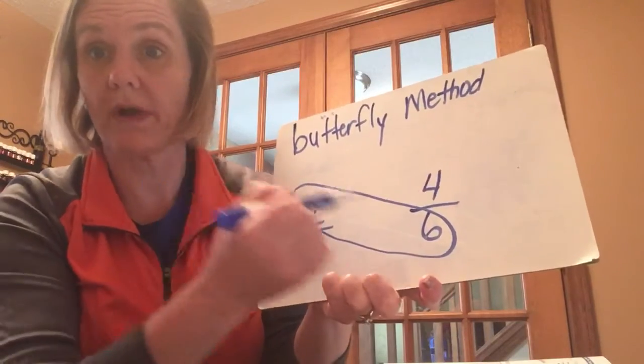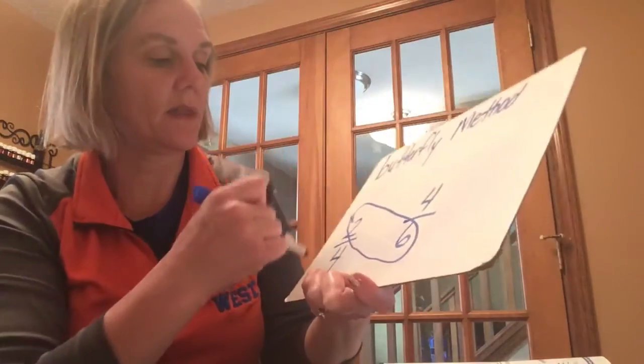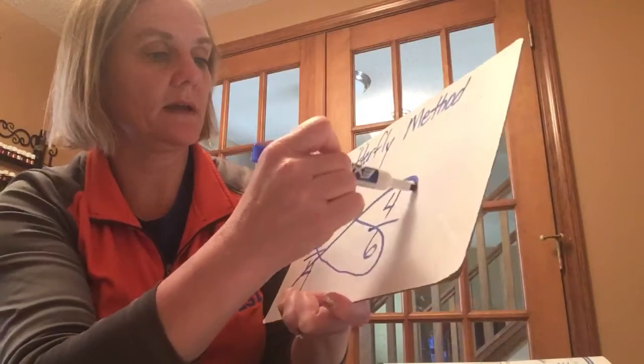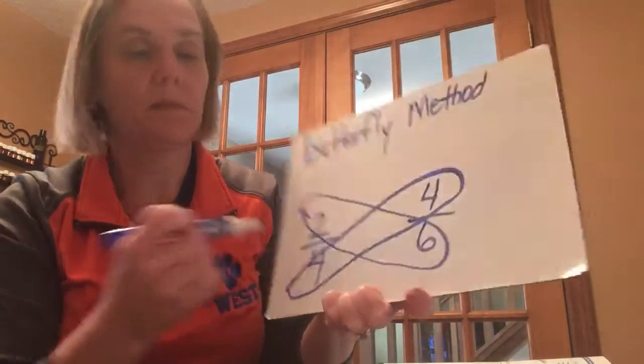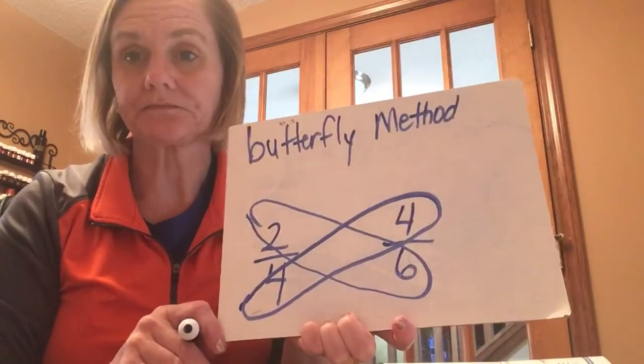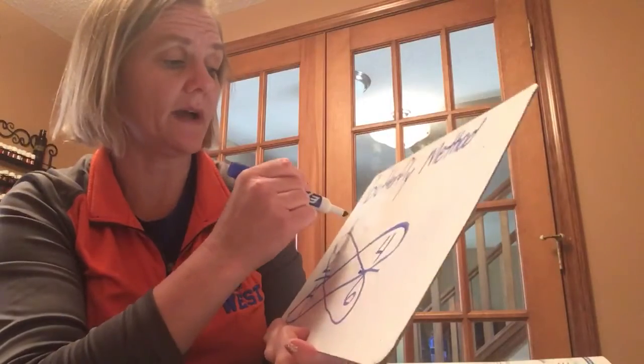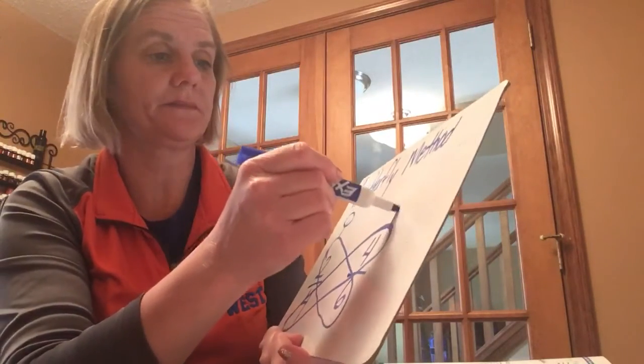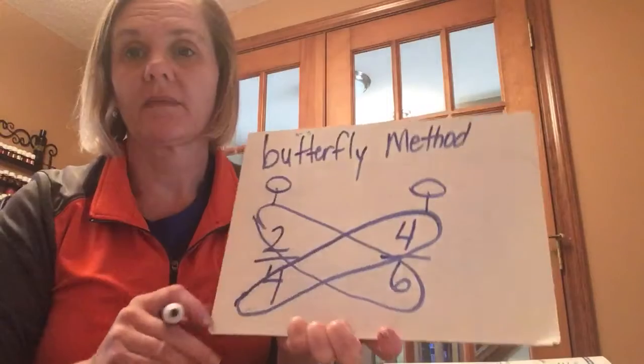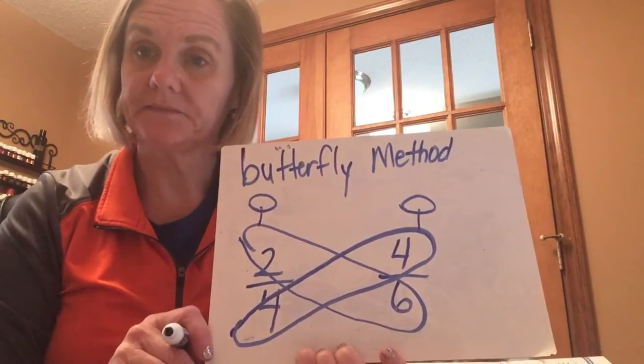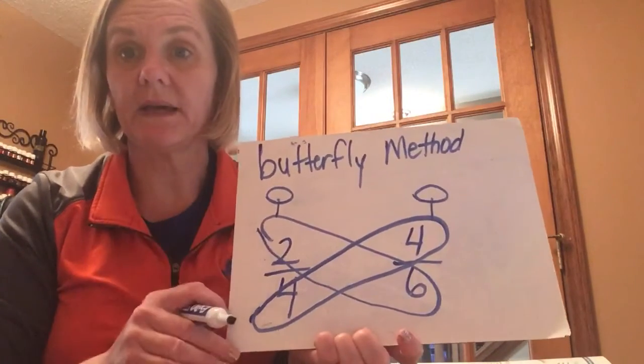I know it's right across. And then we're going to turn it into a butterfly by doing that. And we know our butterflies, because we researched them, have antennas. And I'll show you why we did that.